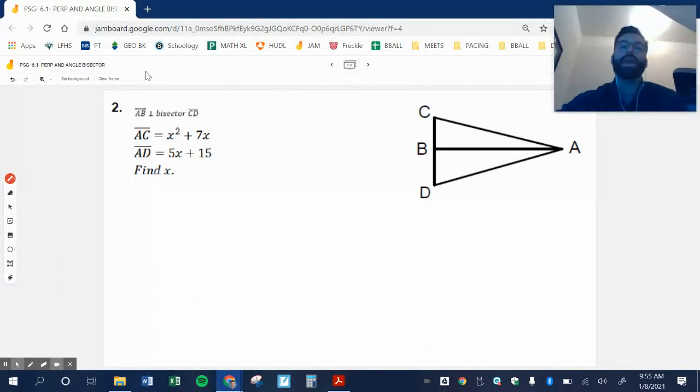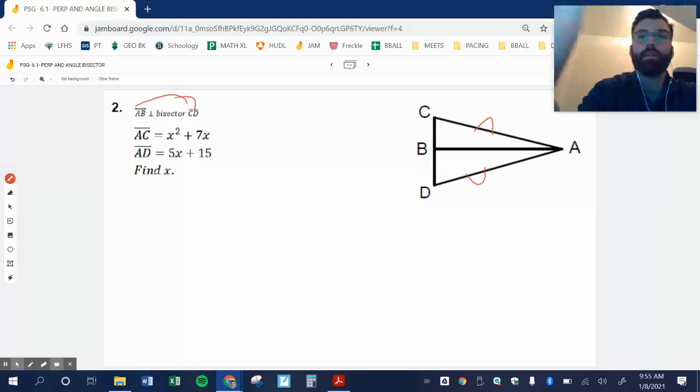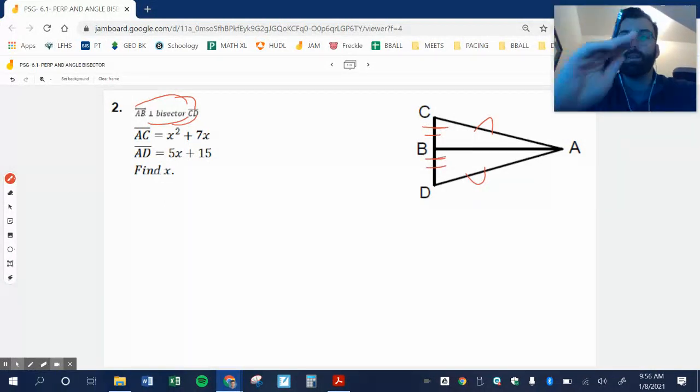So let's keep going. AB, now we have a triangle on the side. Doesn't matter. That still means that AC is congruent to AD, and BC to BD. So now we got a cat taking a nap. Good night, cat. Enjoy your nap.